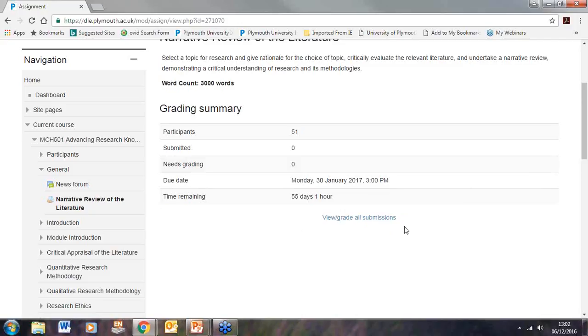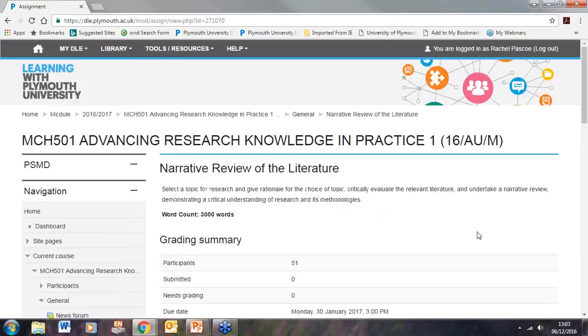You click on it, you upload your single Word document or your single PDF, and then you press submit. You will then get an automated email from the DLE saying that you've successfully submitted your assignment.